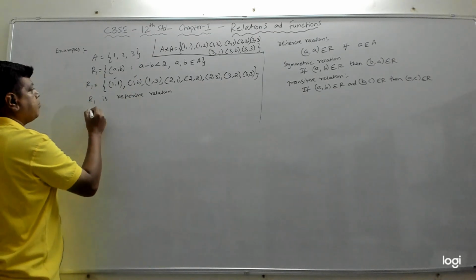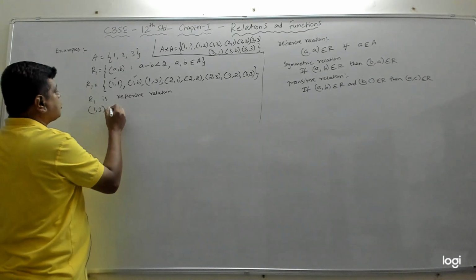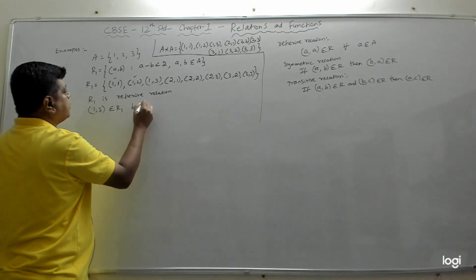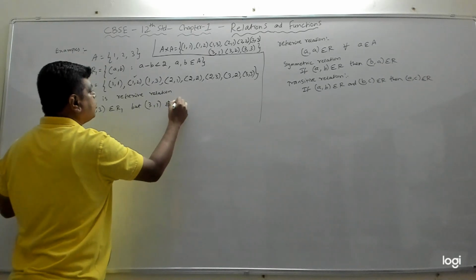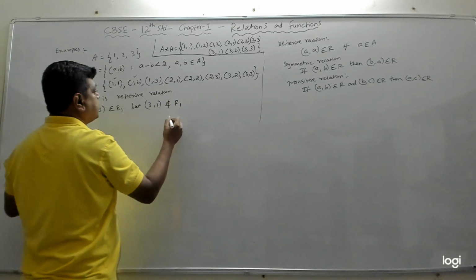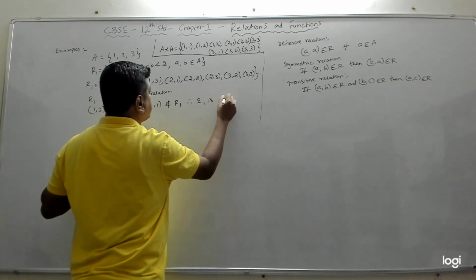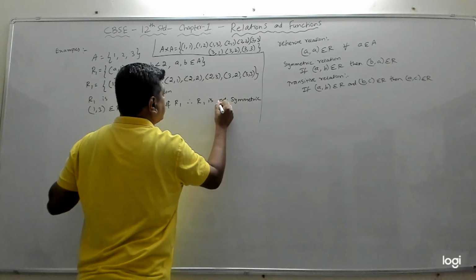So we will say 1 comma 3 belongs to R1, but 3 comma 1 does not belong to R1. Therefore, R1 is not symmetric. Clear?